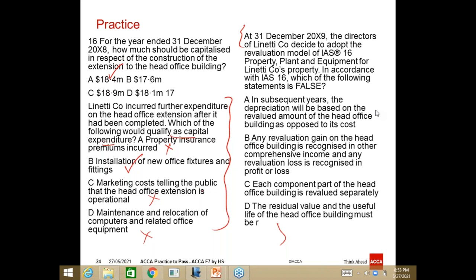So this could be capitalized. If the insurance expense incurred during the production, will it be capitalized? No. Insurance will never be capitalized because it is the cost incurred in order to maintain the asset. So insurance will never be capitalized. Only you can capitalize the insurance in transit.